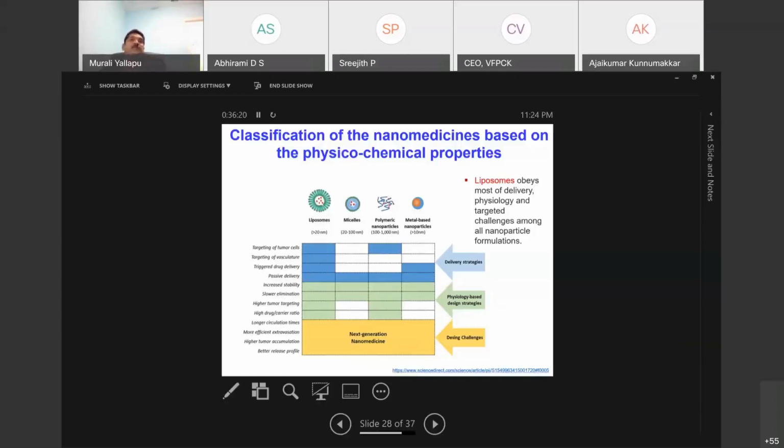Apart from that, there are more unique features with polymeric micelles, polymeric nanoparticles, and metal-based nanoparticles when you choose them for detection or for delivery purposes. So in one word, you need to pick and choose for your given application.